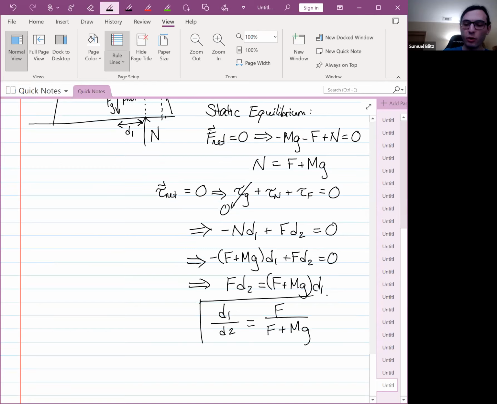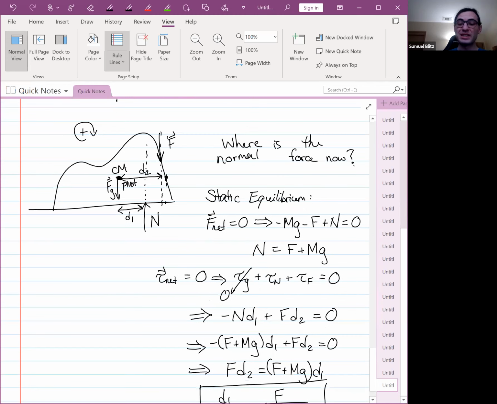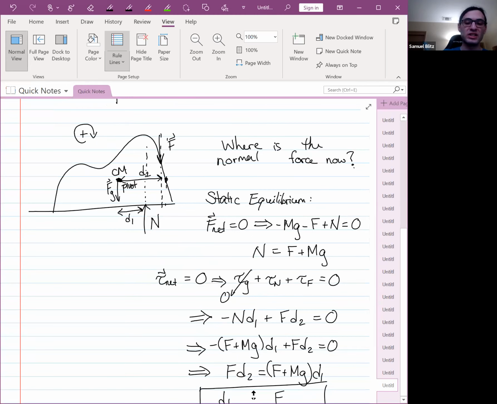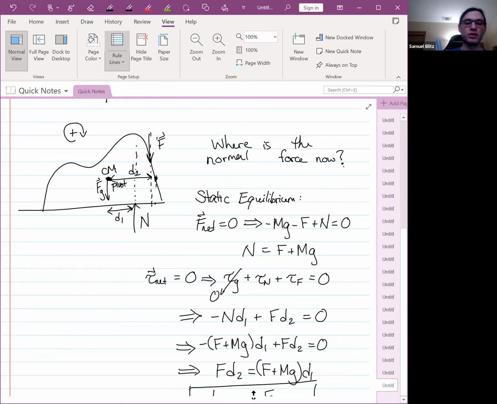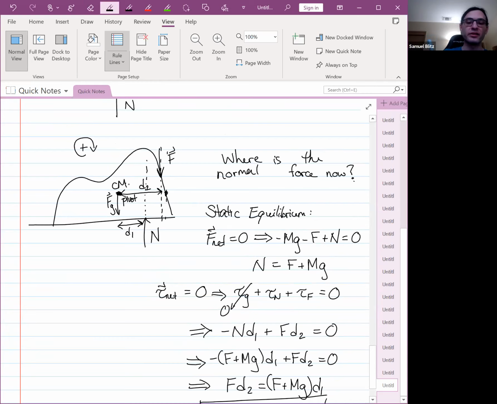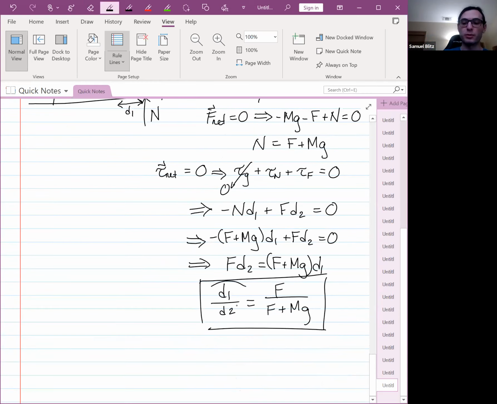So this tells us, given the distance d2 that the applied force is from the center of mass, how to find where the normal force is applied, in terms of just the magnitudes of the applied force and the gravitational force.